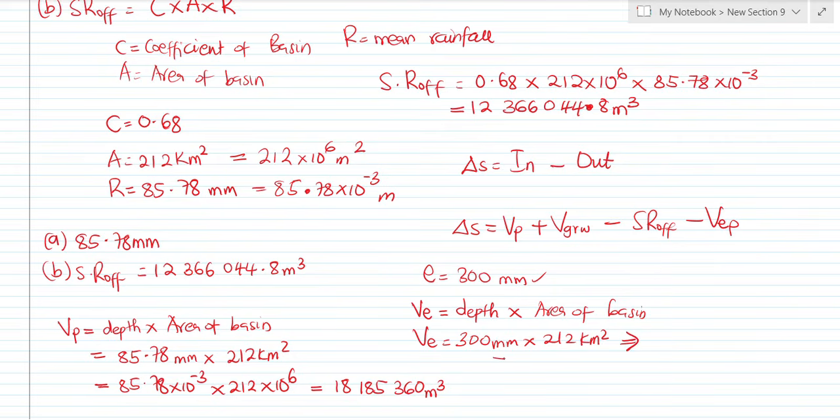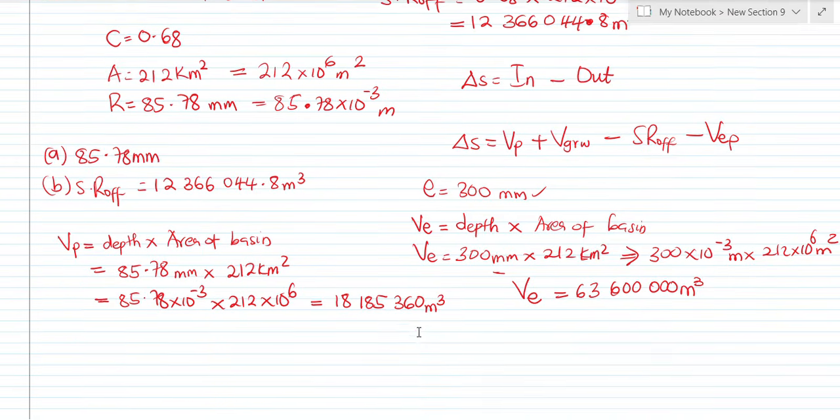If I'm changing the units, I'm going to get 300 times 10 to the power negative 3 meters times 212 times 10 to the power 6 meter squared, right? Milli is 10 to the power negative 3. Kilo is 10 to the power 3, squared, that's why it's 6. So the volume of evaporation is going to be 63600,000 meter cube, right? All right.